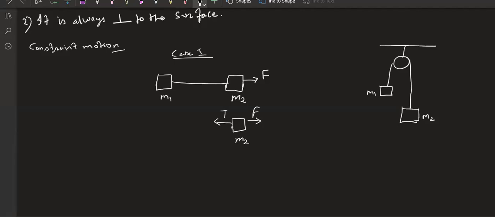Yes or no? Yes, very good. Now on m1, we have tension in this direction because I have told you that if the wire is the same, then tension is also the same.